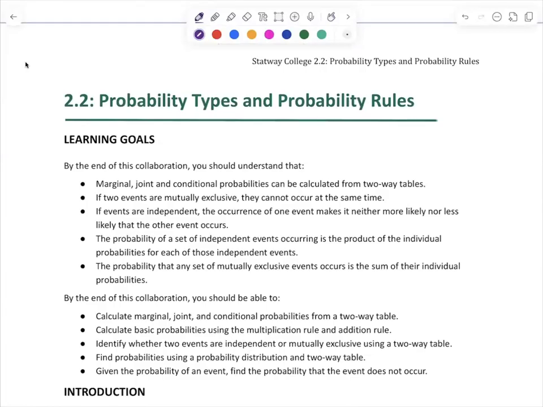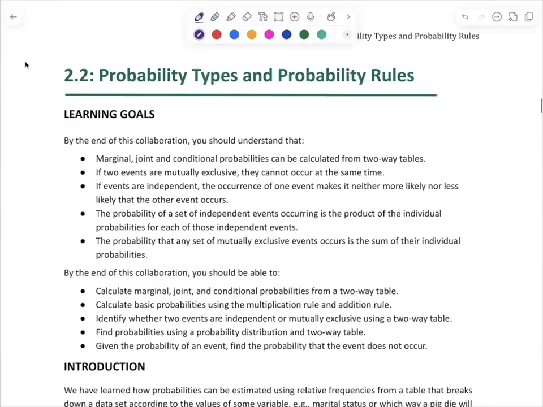Everybody, what are the learning goals? By the end of this collaboration, you should understand that marginal, joint, and conditional probabilities can be calculated from two-way tables. If two events are mutually exclusive, they cannot happen at the same time. If events are independent, the happening of one event makes it neither more likely nor less likely that the other event happens.